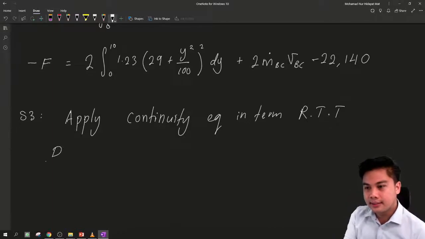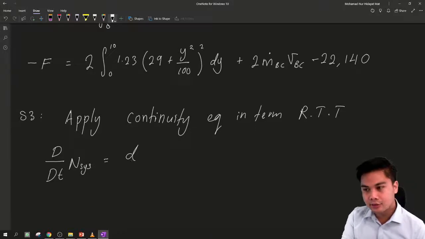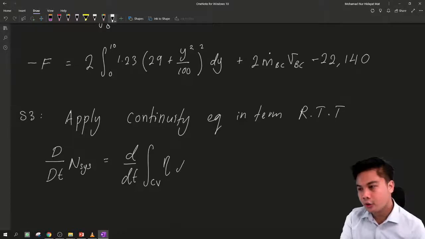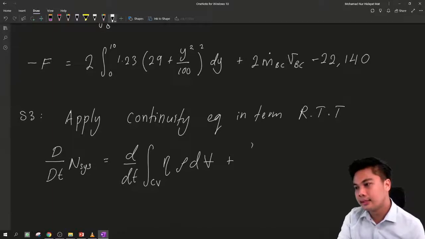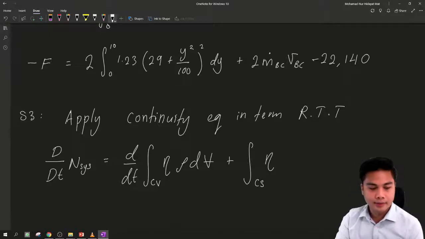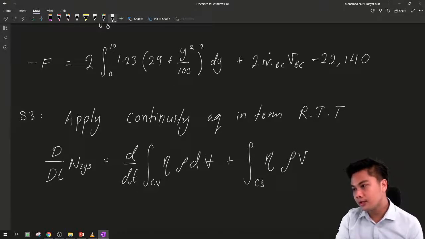Capital D over Dt of N of the system, this is the extensive property, equal to small d over dt of the integration of the control volume, intensive property rho dV, this is volume, plus integration of the control surface, intensive property, rho V dot n, where n is normal to the surface area dA.